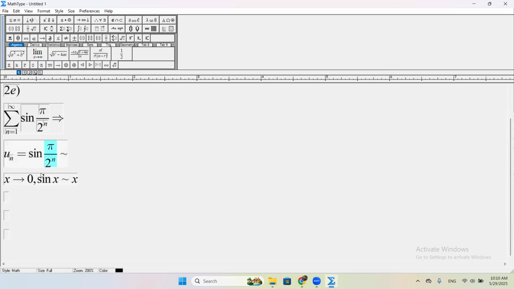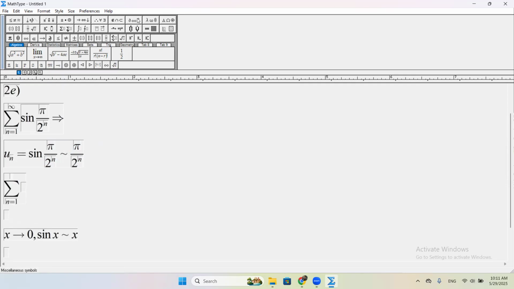So this sine will be equivalent to its argument, so equivalent to this term, pi over 2 in power of n. And we will compare it with the geometric series, with this one, 1/2 in power of n.